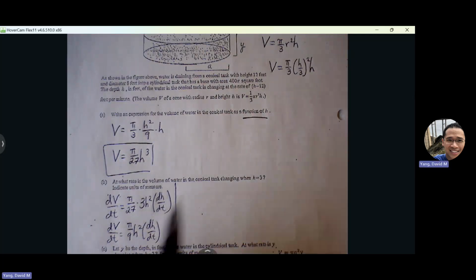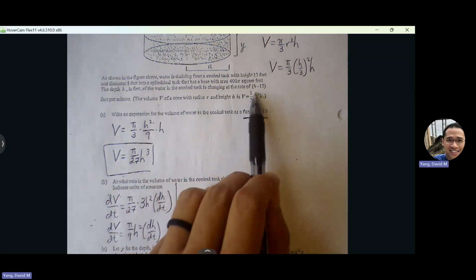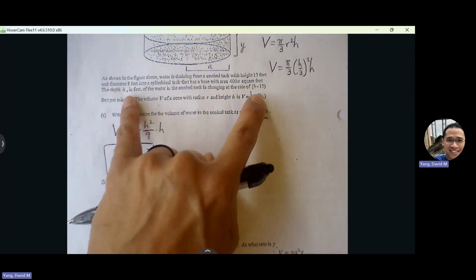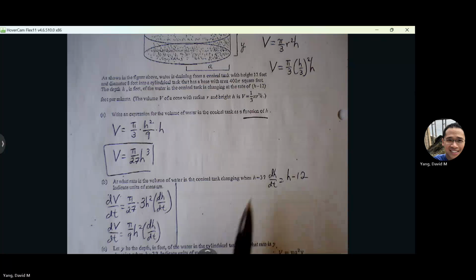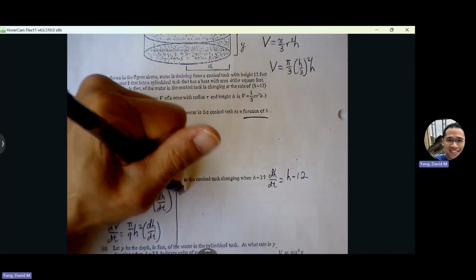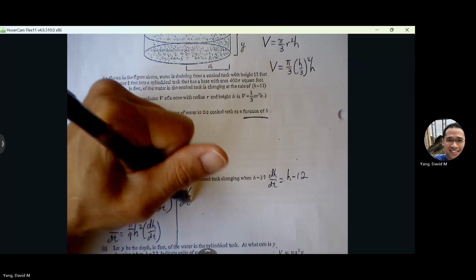Okay, we're solving for dV/dt, but they tell us that h is changing at a rate of h minus 12. So we know dh/dt is defined as h minus 12. So we're going to use that information. But h is 3, so we can replace 3 for all the h's as well, and that should get us down to a number.